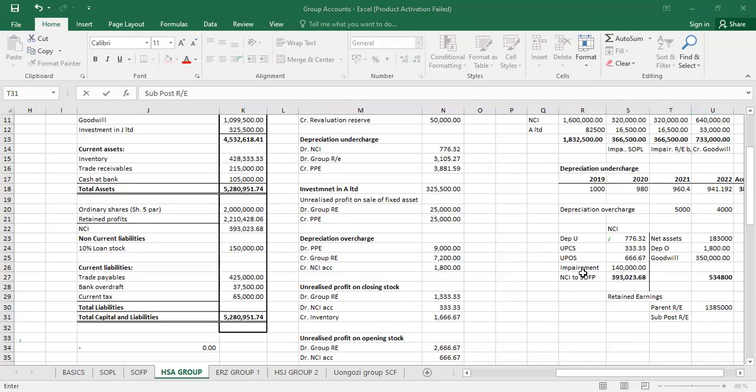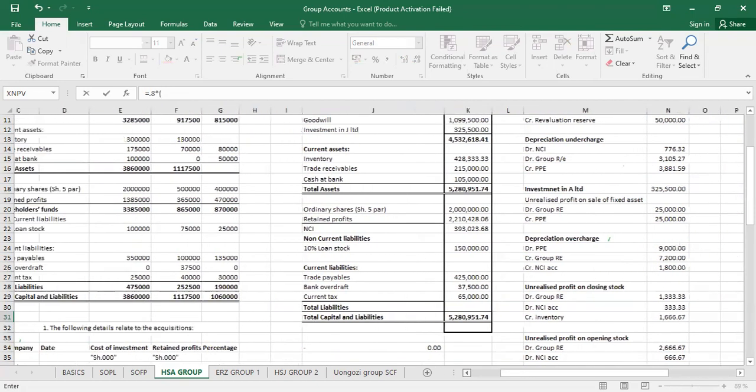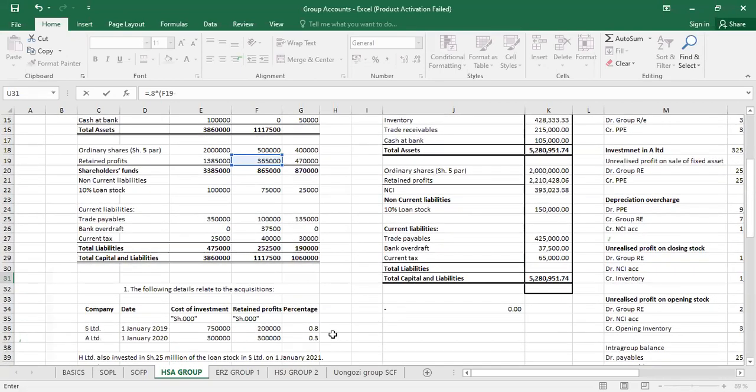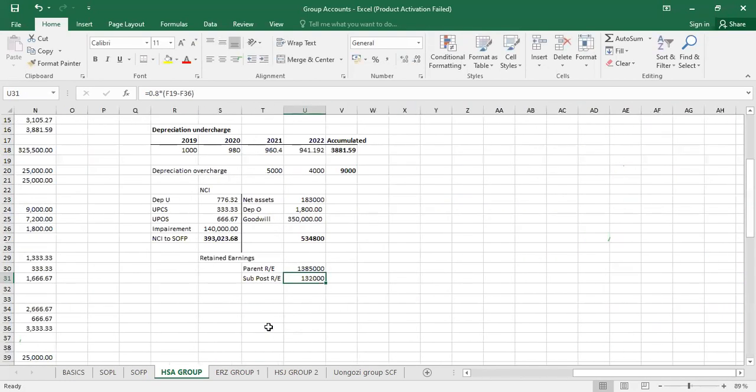Equal 0.8 multiplied by, you open bracket, post acquisition, so this one minus the pre, this one here, close your brackets, control enter, control backspace to jump to the active cell.